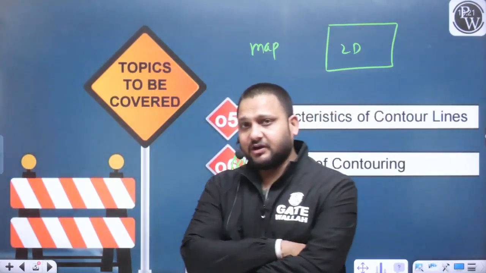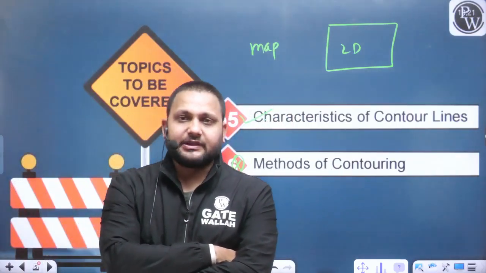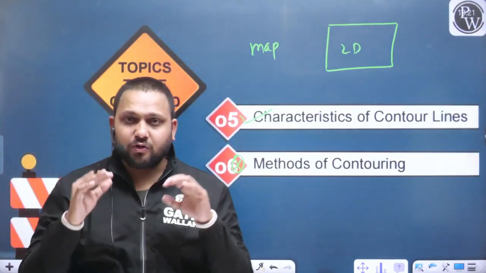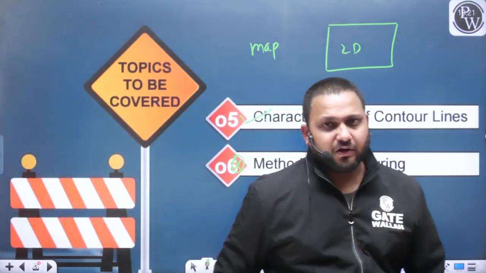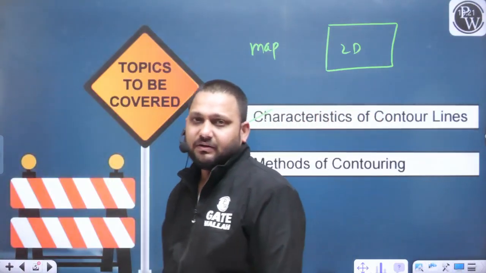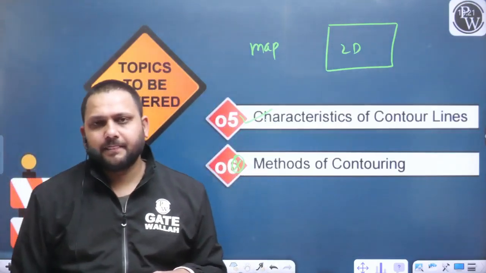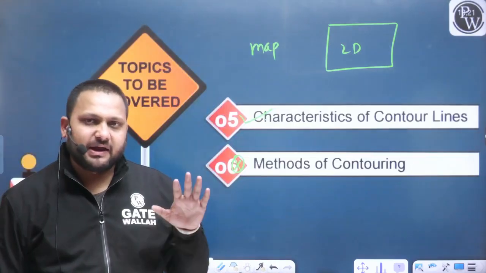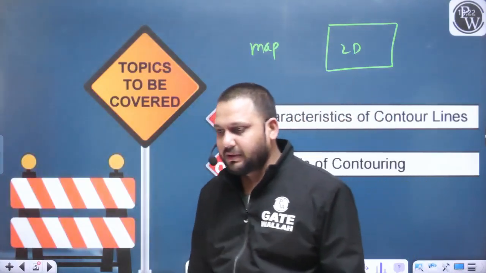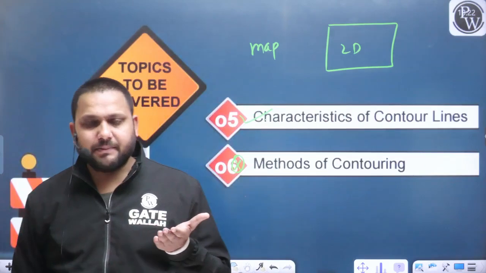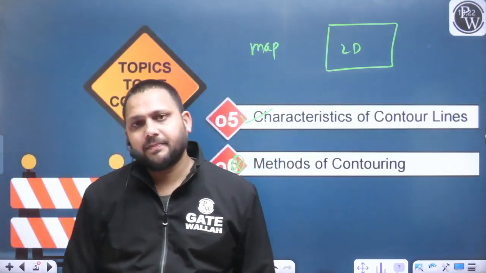But yes, this is the advantage: with the help of the contour map, we will also get the understanding about the elevation or the RL. We can also get the RL of the points. If I'm talking about any ground or terrain or field, and for that field we have the contour map, just by observing that map, we will get the understanding about the topography of that field.